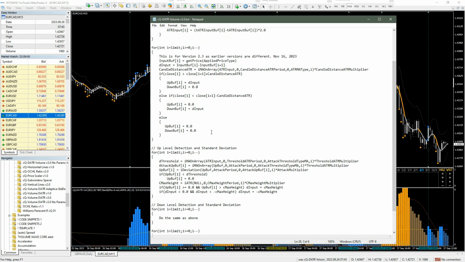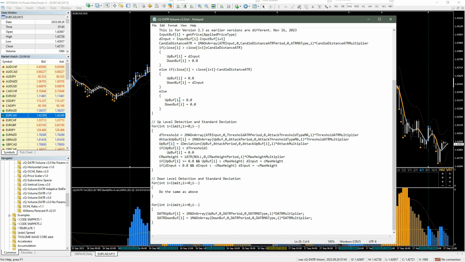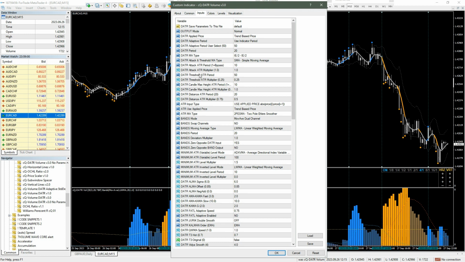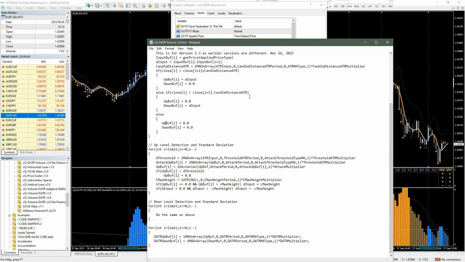Otherwise, it will put 0 in both of them. From there, this is the up DATR value. You generate a threshold value here, again based on what you have set here, again using this ATR that's calculated up here.